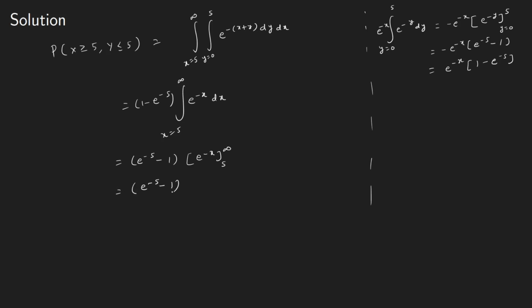So when you put infinity, e raised to the power minus infinity, that will be 0, minus e raised to the power minus 5. So the final probability will be equal to, we can take minus 1 inside, so it will become e raised to the power minus 5 times 1 minus e raised to the power minus 5. So this is the probability that x will be greater than or equal to 5 and y will be less than or equal to 5.